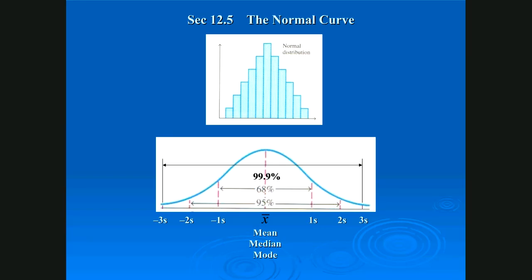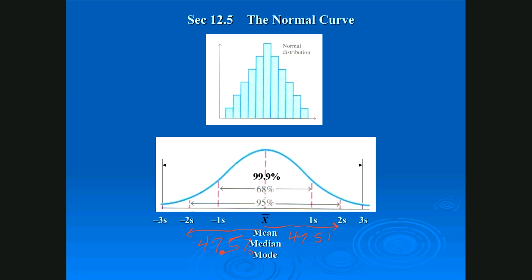If we go two standard deviations above the mean, we will have approximately 47.5%. If we go two standard deviations below the mean, likewise, we'll have approximately 47.5%.